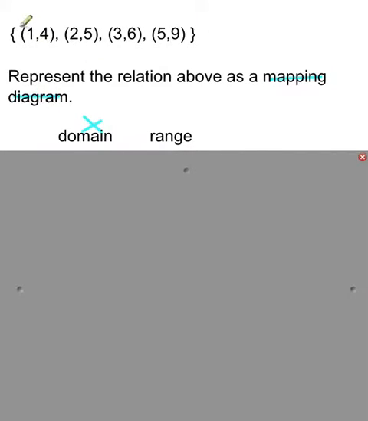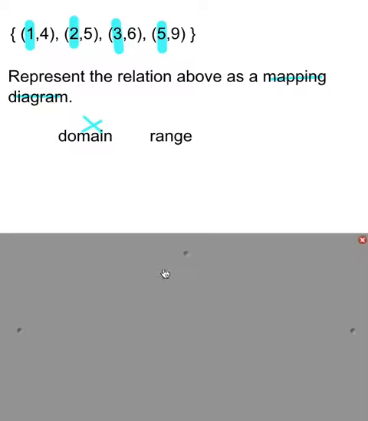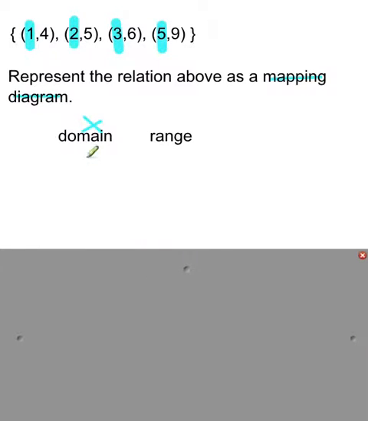So I'm going to find all my x's. And that's what I'm going to write here. So starting with 1, 2, 3, and 5. Moving over to my range. Remember, range is your y. So I'm going to highlight all of my y's. And that's what I'm going to list under my range.